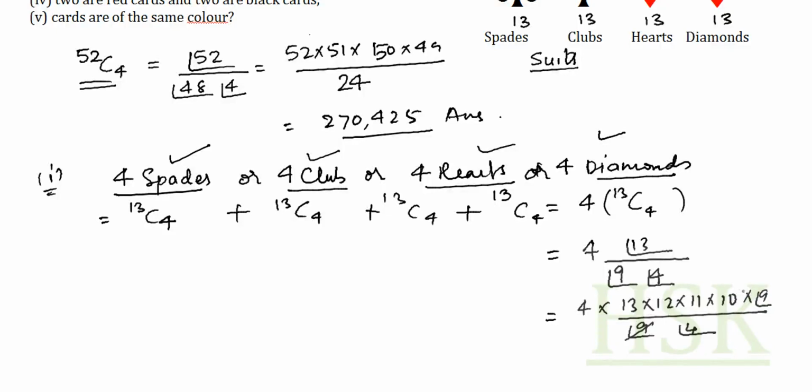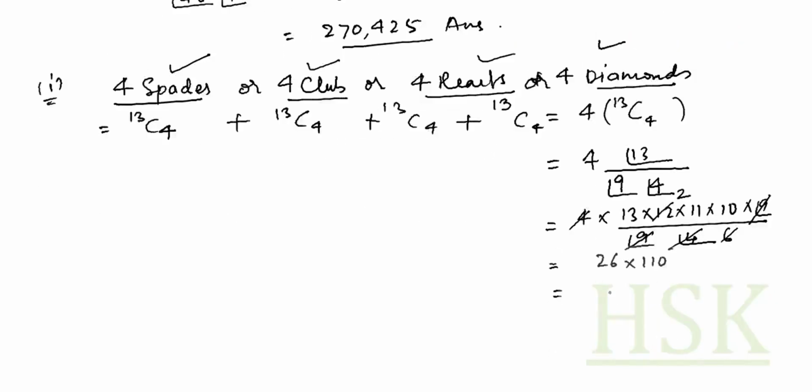The 9 factorial cancels out, and the rest simplifies. So the total number of ways is 2860. This is our required answer.